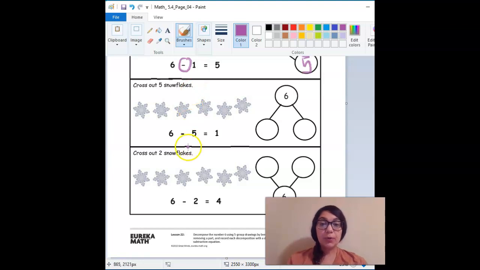So when I say go, you will cross out your 5 snowflakes. Remember, don't forget to circle your sign so that you know what kind of problem you are working. Okay, remember we're crossing out 5 snowflakes, and then when you're done, you can fill out your number bond. Ready, set, and go.